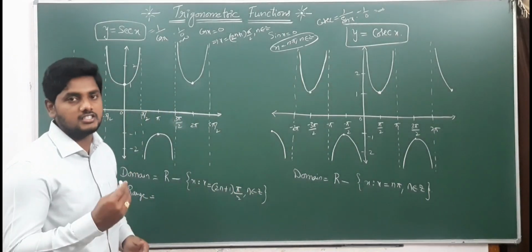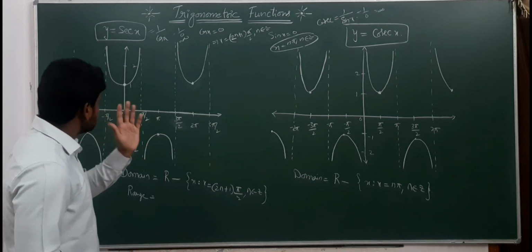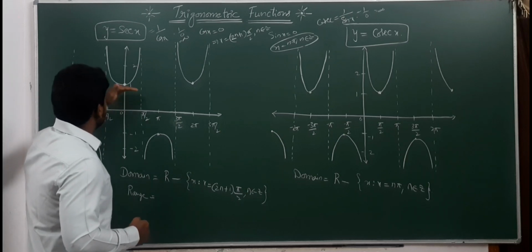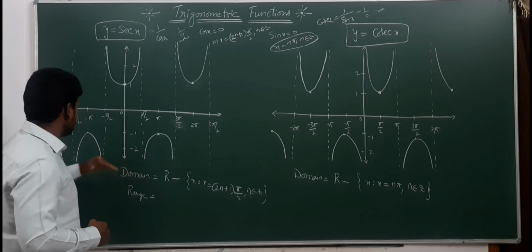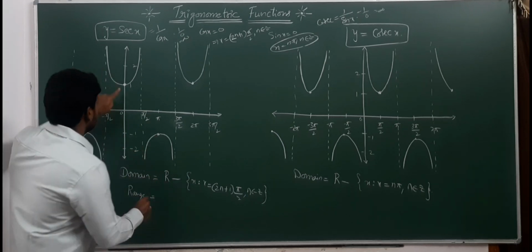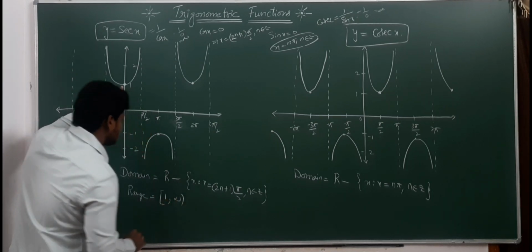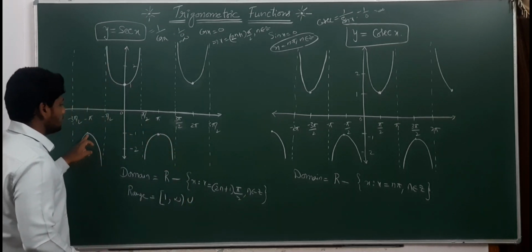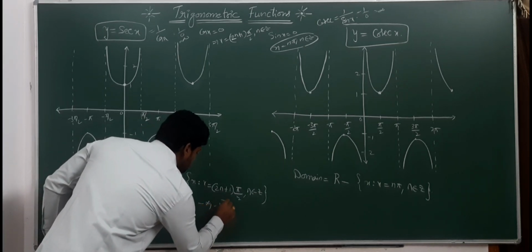What about range? Range is nothing but output values, nothing but y-axis values. If you observe the y-axis values of these two functions, they are a little bit similar. From 1 it goes up to infinity. On the lower side, it is from minus 1 downward. So we can write 1 to infinity, union minus infinity to minus 1.